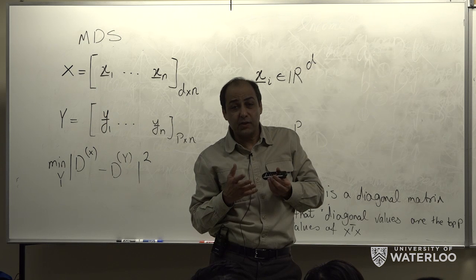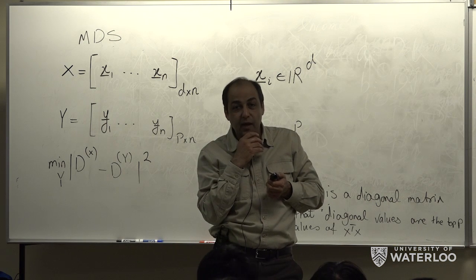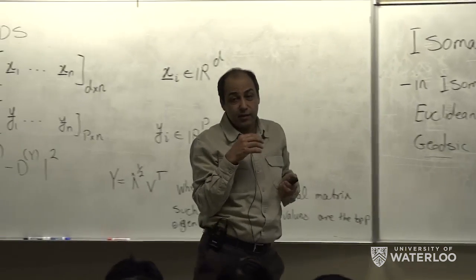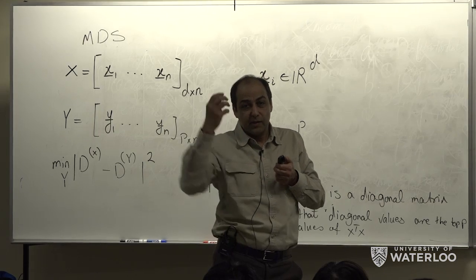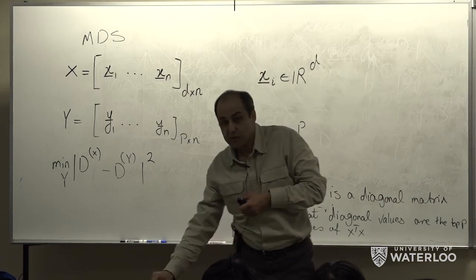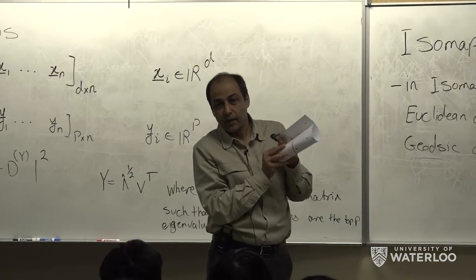Well, one assumption about manifolds is that manifolds are smooth, right? There are many cases that these algorithms cannot capture, like if the manifold is a non-convex manifold. Say, for example, you have the Swiss roll, but there is a hole in the data.